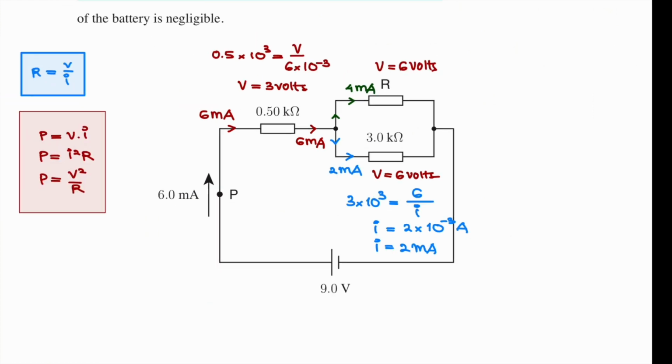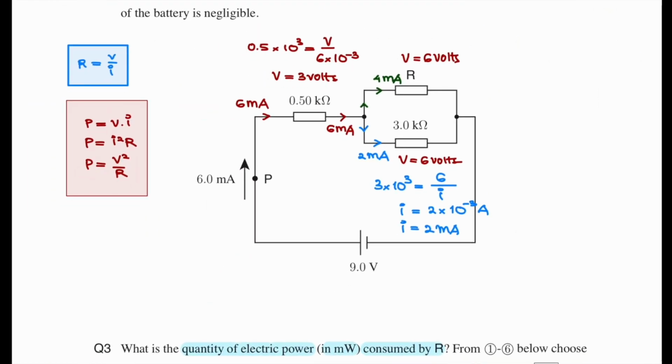Now we already know the PD across R is 6 volts, and the current that passes through R is 4 milliamperes. By using the first equation, I can find the power.